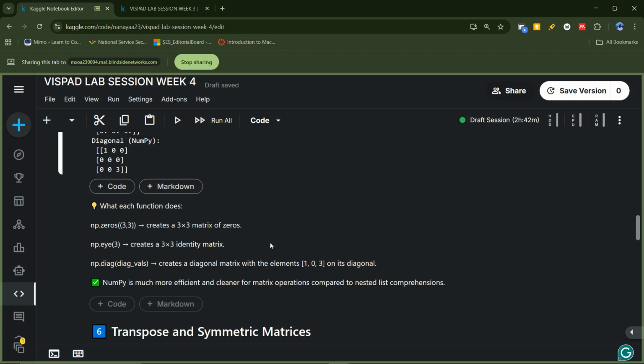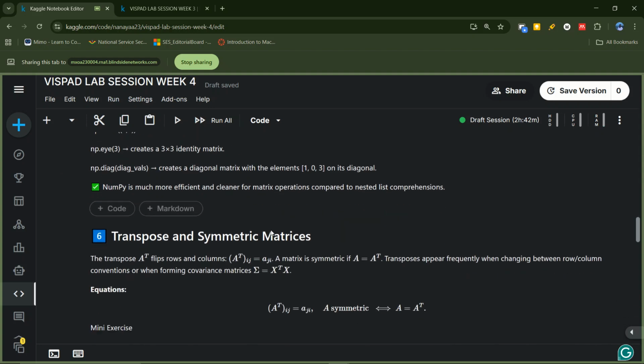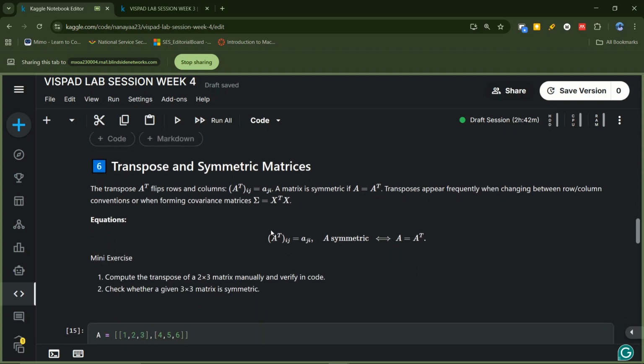So that is what is really going to define the dimension of your matrix. Okay, so NumPy is more efficient and cleaner for matrix operations compared to nested list comprehensions, and we can all testify that NumPy makes things way easier. But sometimes you have to understand what is really happening, so you don't get confused at some point, right?